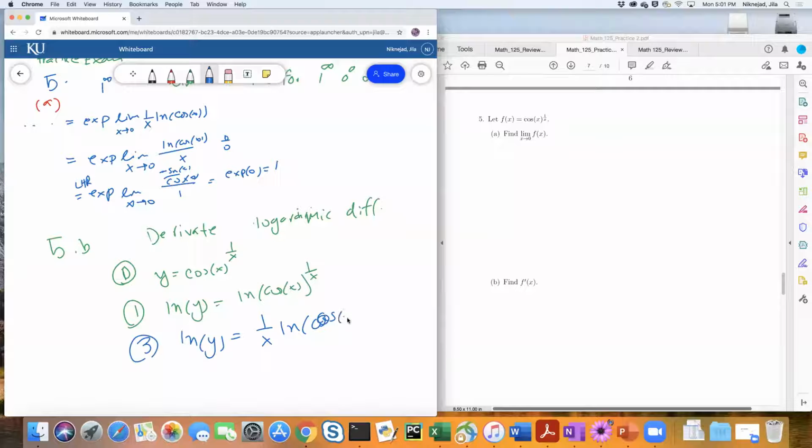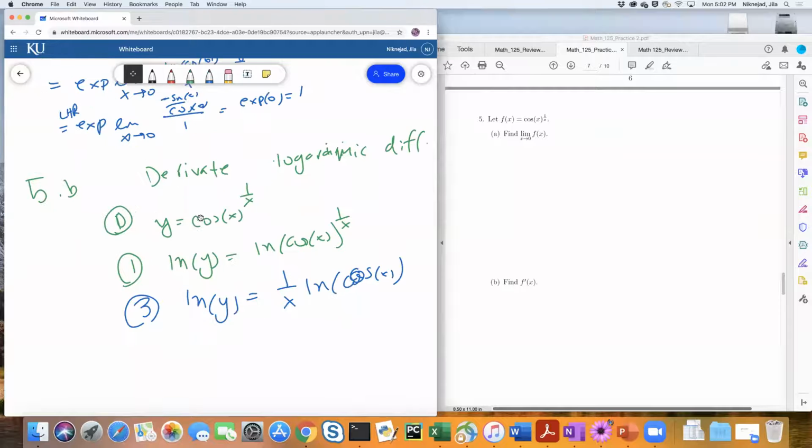Cosine of x. Okay, so then the next step is, let's do something now. And what is that? That's take the derivative. Derivative of natural log of y is always going to be basically 1 over y, 1 over inside.